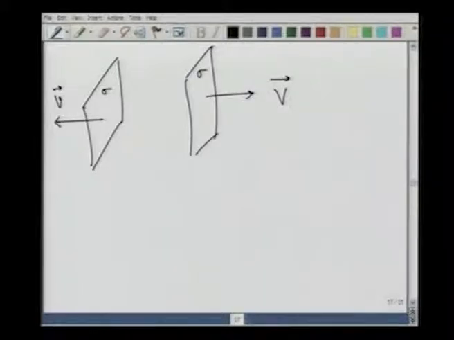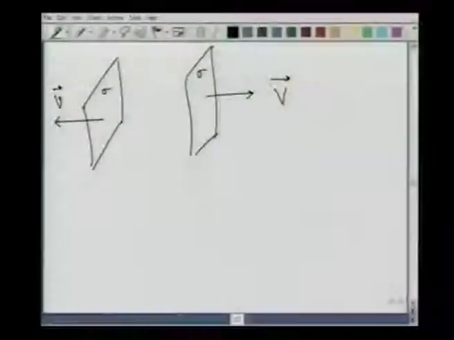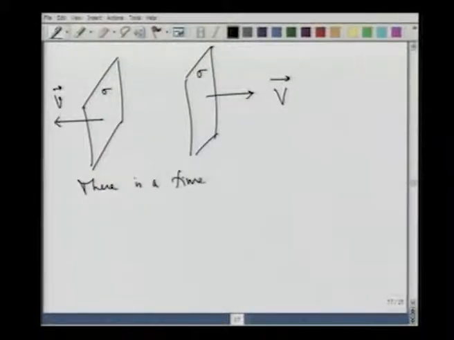You people can easily see that there is a moving sheet of charge, therefore it is producing a current, right. So there is a time dependent current density. In fact, the current at any given time is localized only on that particular sheet.